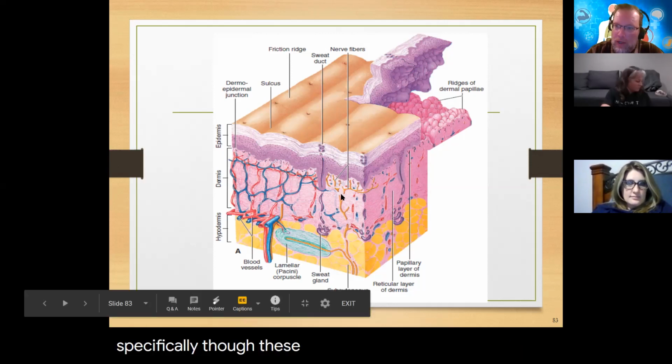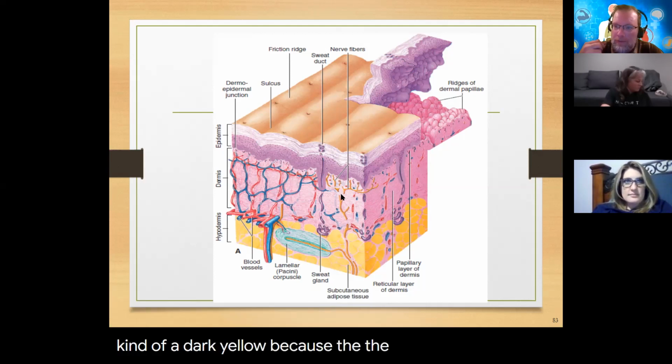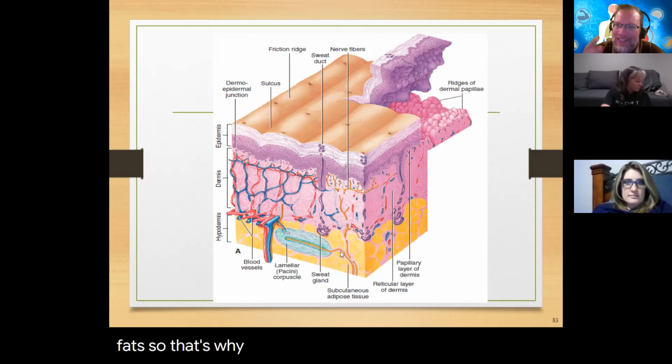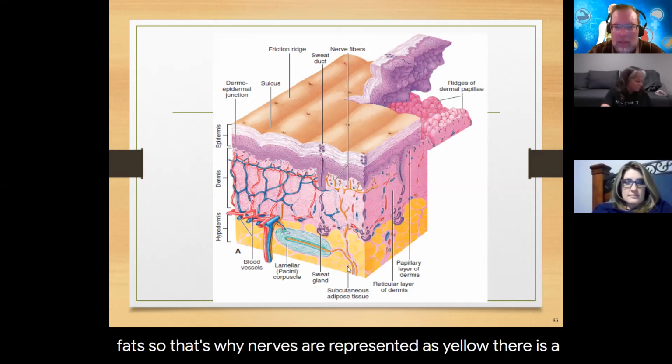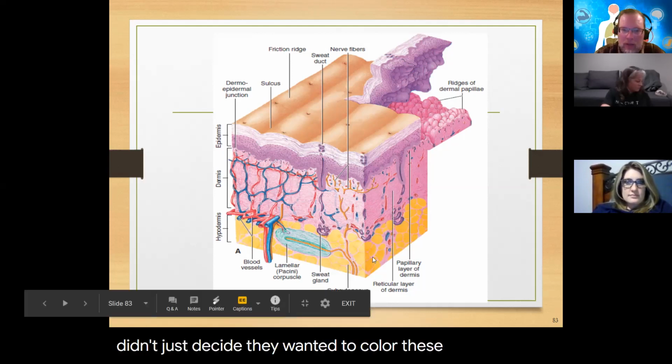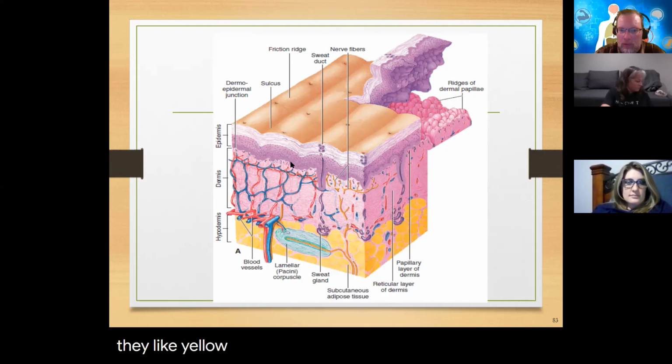Nerves generally are a dark yellow because the tissue that surrounds the nerves is called myelin, and myelin is basically lipids or fats. So that's why nerves are represented as yellow. There is a method to this coloring madness, believe it or not. They didn't just decide they wanted to color these because they like yellow or they like blue and purple together.